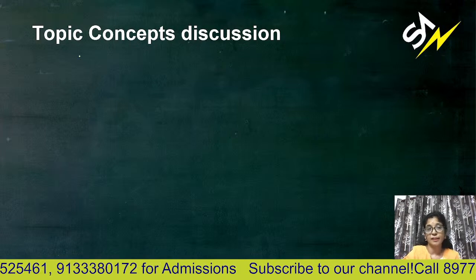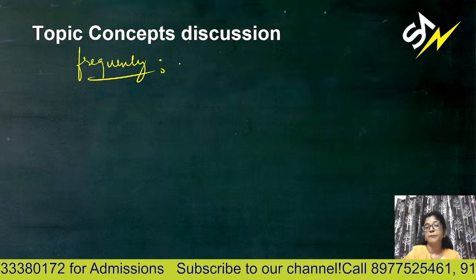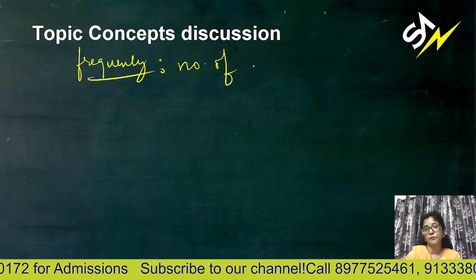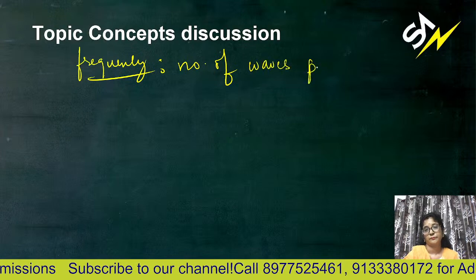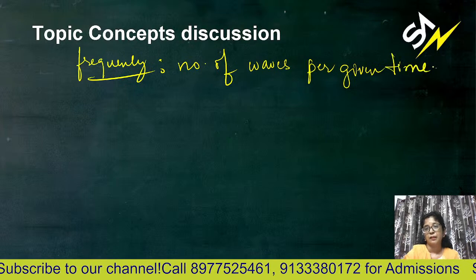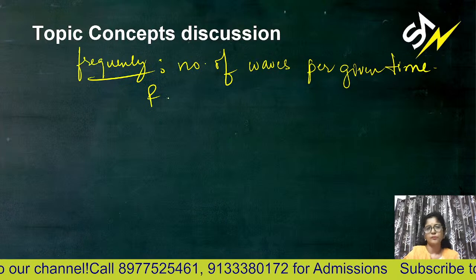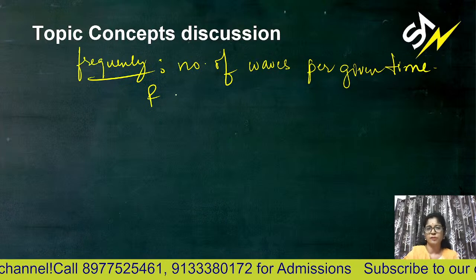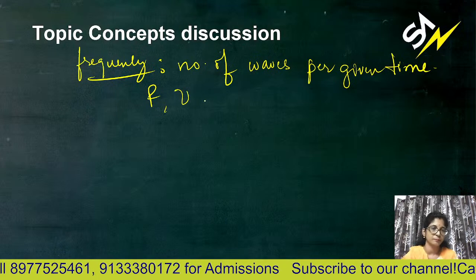The next one we have is frequency. Frequency is nothing but the number of waves per given unit time. Frequency is represented by f, or you can also represent it with n or nu.